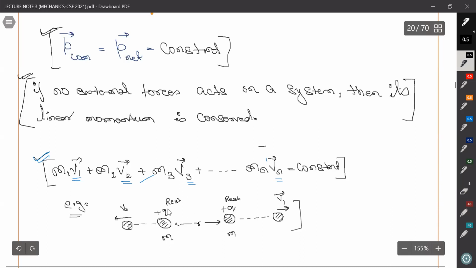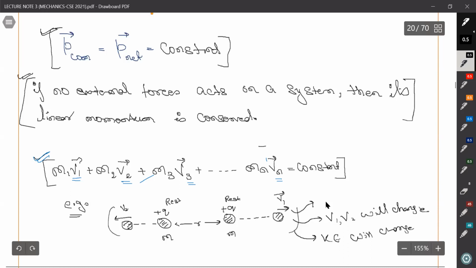Okay, so what we can say, if we have two charged particles with us, and we leave them to move, what will happen? They will move in opposite direction, and ultimately their v1, v2 will change, and that ultimately leads to the kinetic energy of the system also changing.